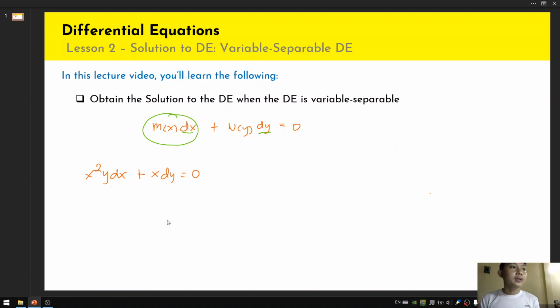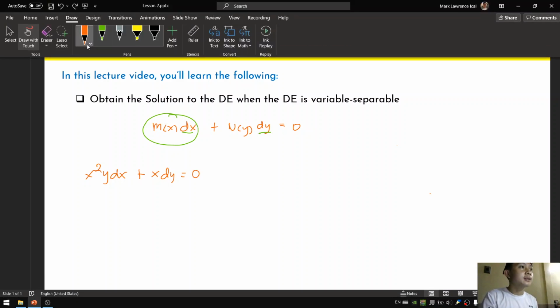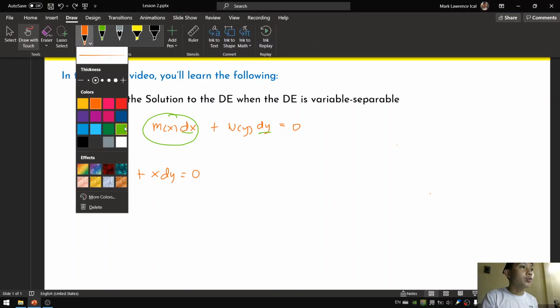Again, using the structure as I mentioned a while ago, all you need to do is to separate x from y. So we pair x with dx and we pair y with dy.